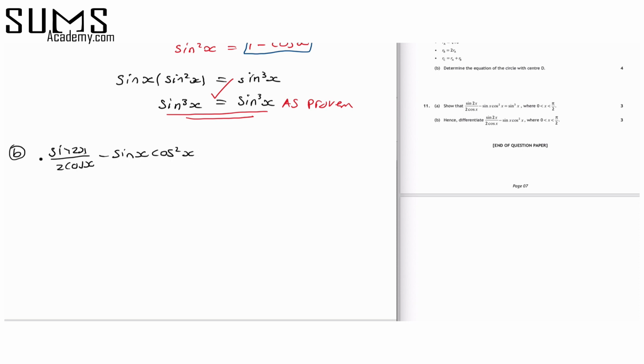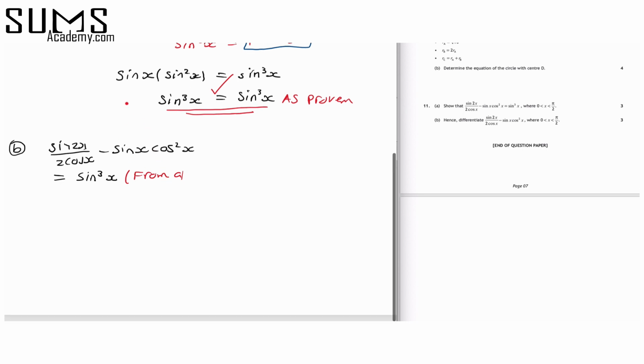Well, we know that that is equal to sin cubed x from A. So now it's just a case of differentiating this statement here, which is quite a bit easier.